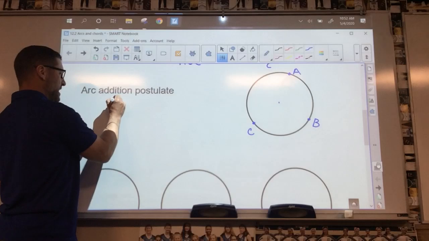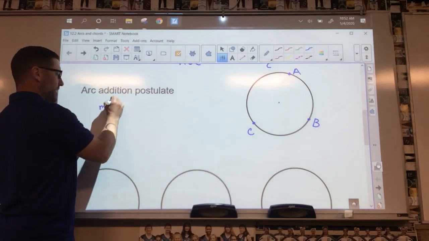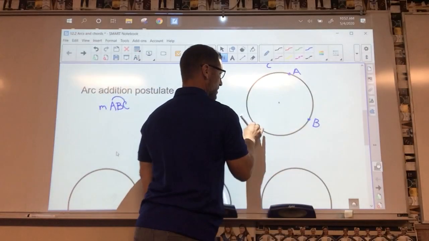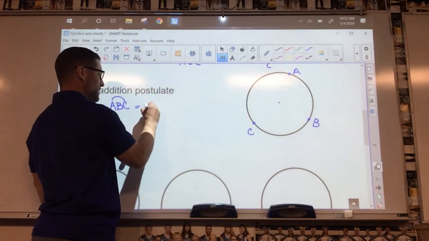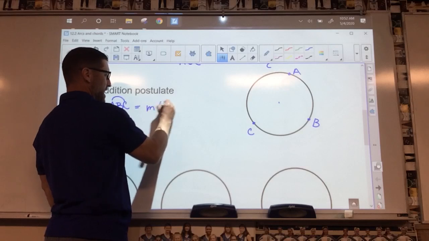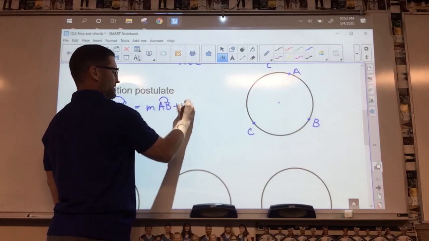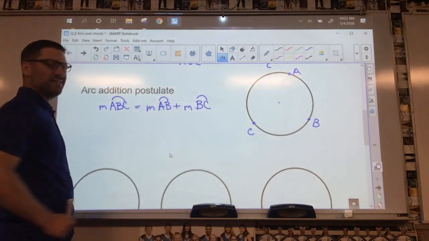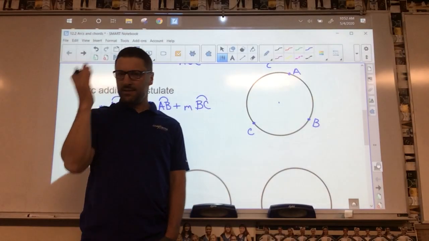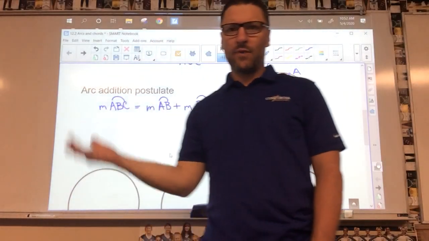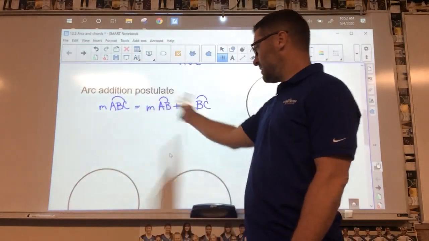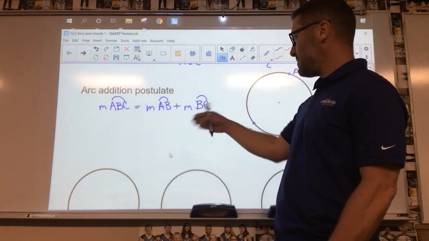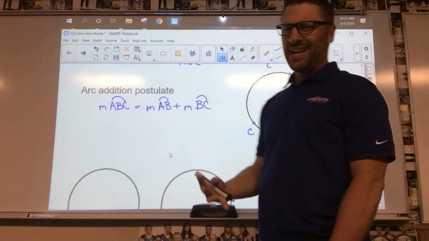So I'm going to say the measure of arc ABC should be equal to the measure of arc AB plus the measure of arc BC. And again, sometimes you'll see the M's in there and sometimes you won't. Sometimes I'll drop them out just because I don't like writing them in all the time. Maybe it just says ABC equals AB plus BC.